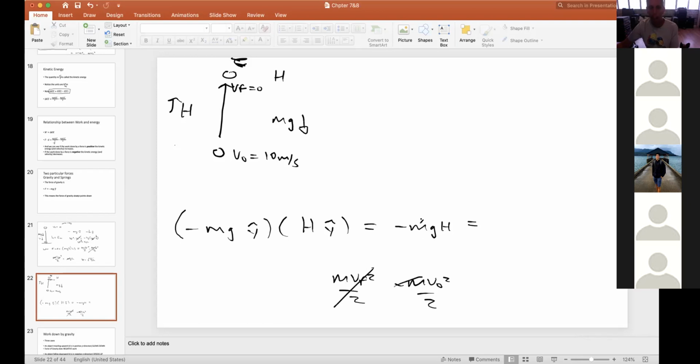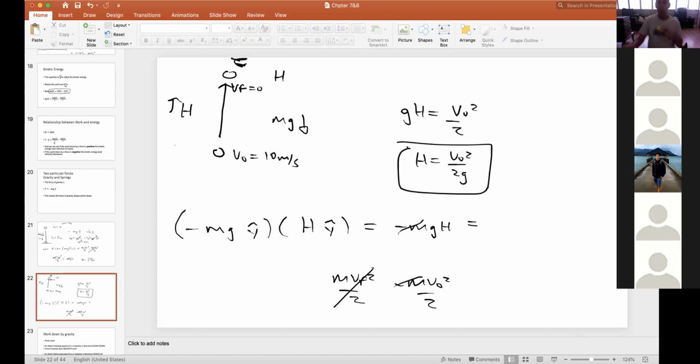Canceling m from both of these, I get that gh is v naught squared over 2, or h is v naught squared over 2g, which was exactly what we found before. V naught squared is 100 divided by, let's say g is 10, close enough to 10. 100 divided by 20 is 5. It went up 5 meters.